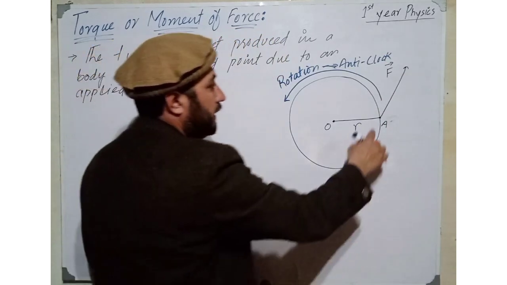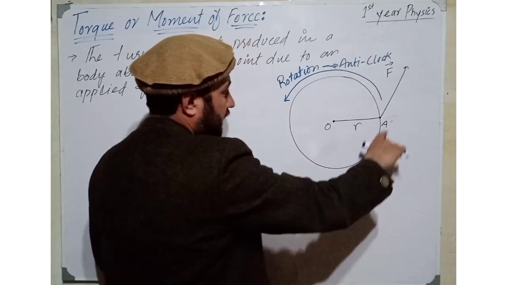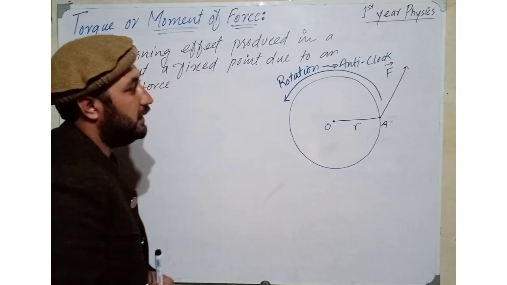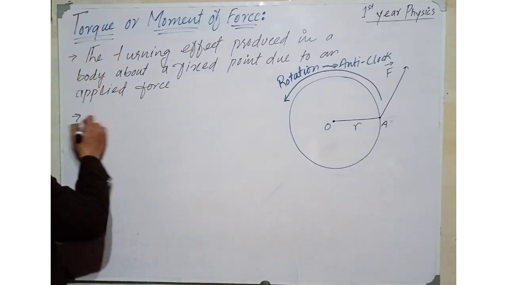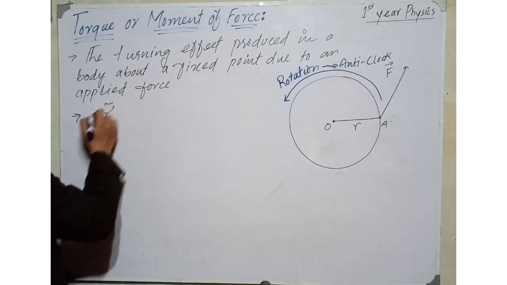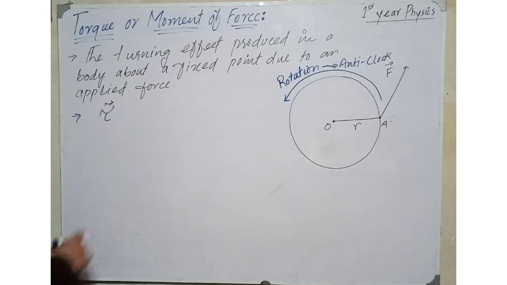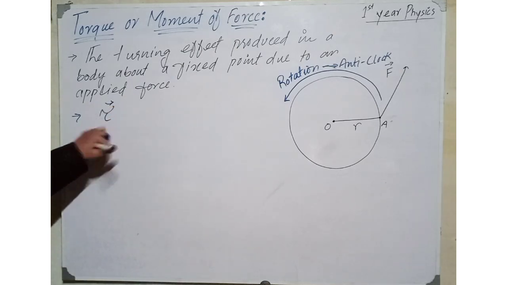On the other hand, if we apply force in this direction, a clockwise rotation will be produced. Torque is represented by the Greek letter tau, and it is a vector quantity, so we have to use an arrow above the symbol.